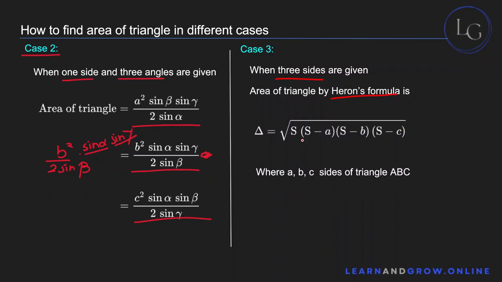The area of a triangle is equal to the whole under root of s into s minus a, s minus b, and s minus c, where a, b, and c are the three sides of the triangle. So s over here is equal to a plus b plus c over 2, the three sides being added up divided by 2. Once you have all of this, you can easily find the area of the triangle.